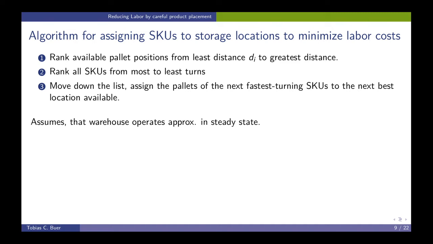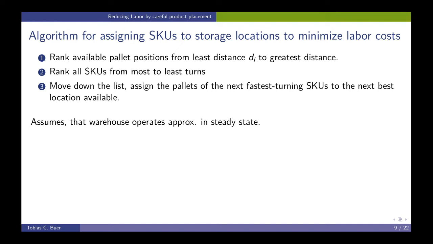In a similar way, we rank all the SKUs, but for the SKUs the topmost SKU is the one that has the most turns in a year, and the last SKU in this ordering is the one with the least turns.